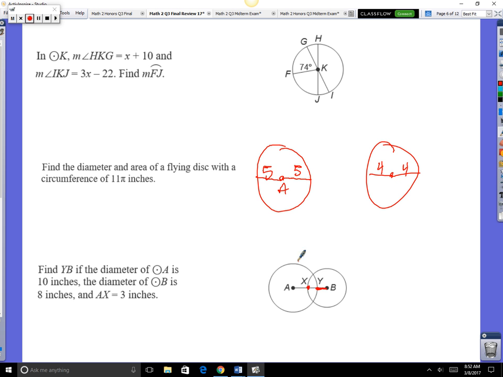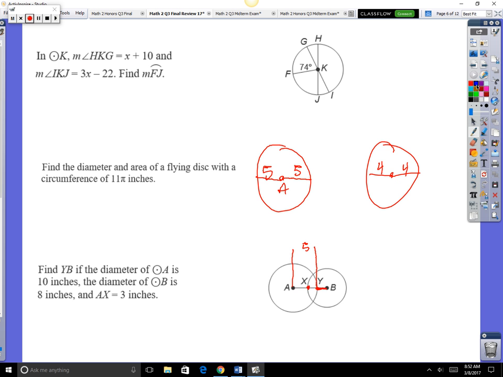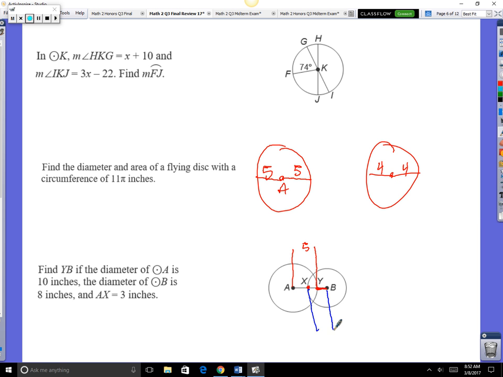Alright. So from here to here is 5. And from here to here is 4. Okay, now from A to X is 3.